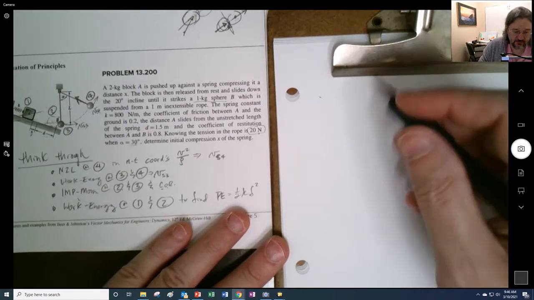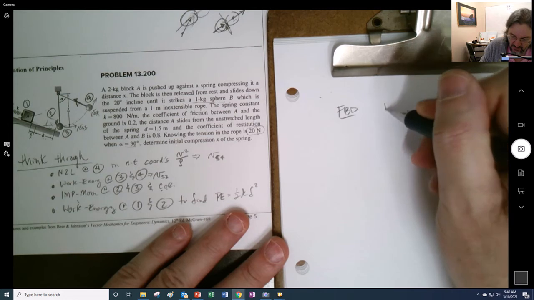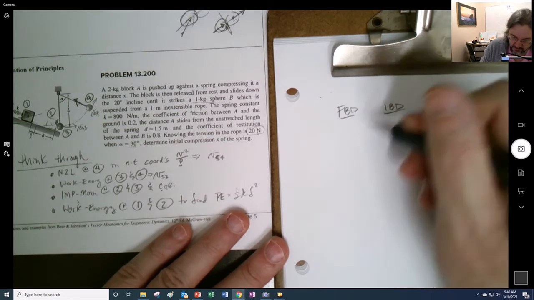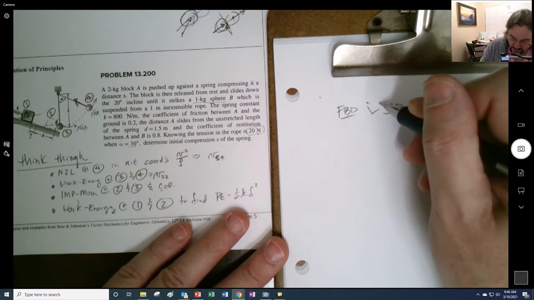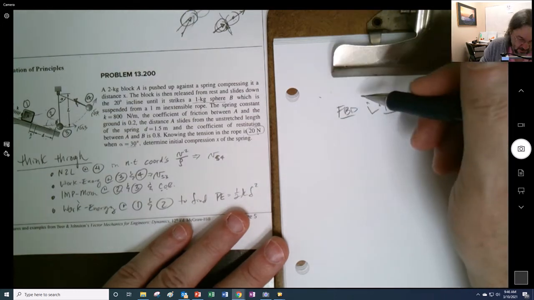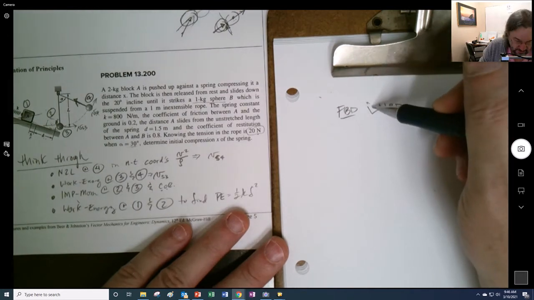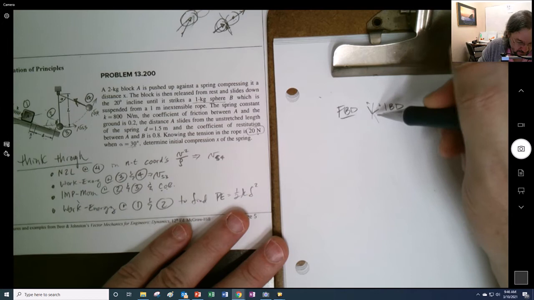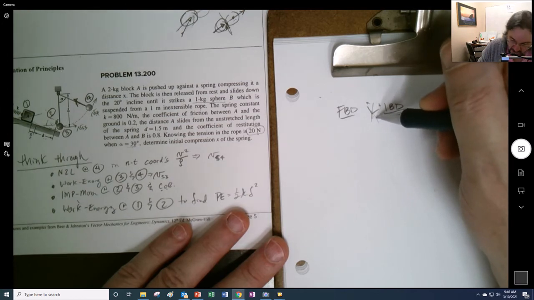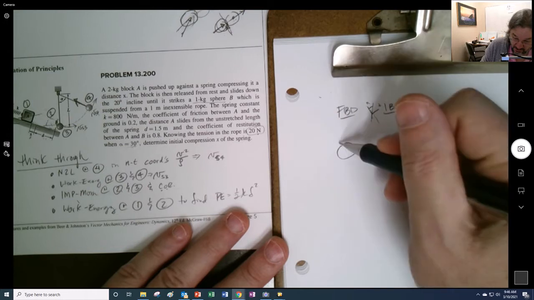So first thing I'm going to do is my FBD and my IBD. And I'm going to use normal and tangential direction right here. And my angle is going to be 30 degrees. Let me double check. Yeah, here's our angle, so we're going to draw this thing up.